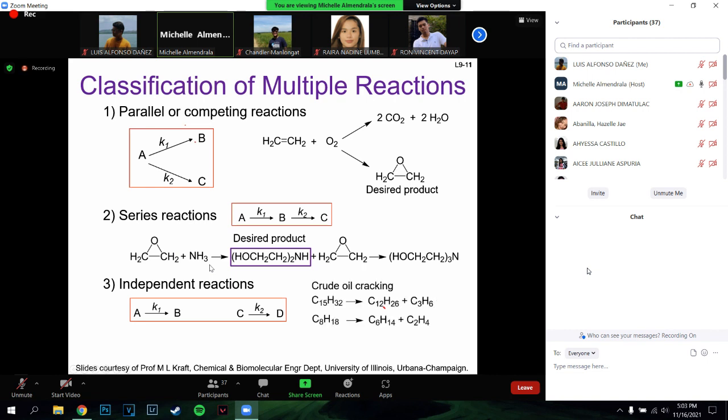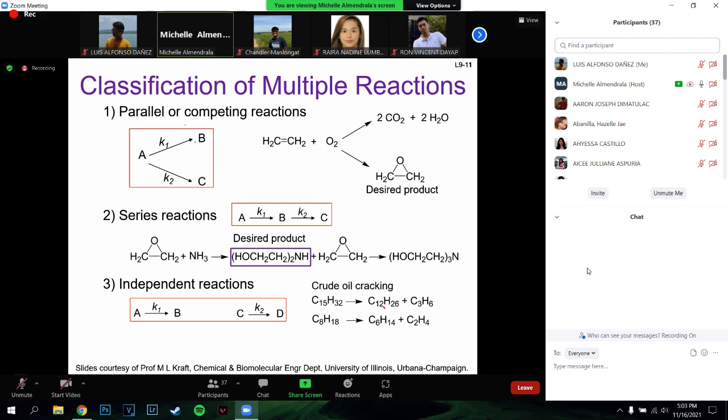Most examples are like if you're going to work on crude oil cracking, because you have very long-chain hydrocarbon compounds that you want to reduce to say C12 or C6. That is usually done in a fluidized bed reactor.